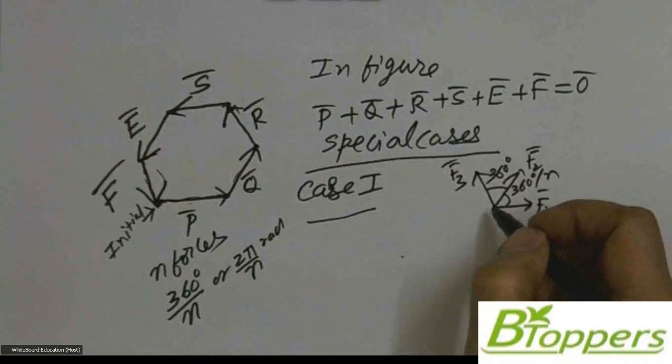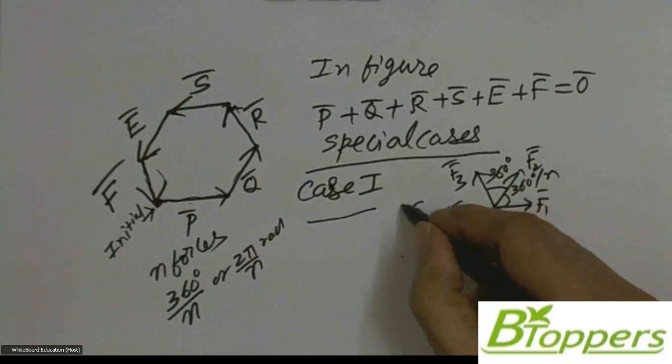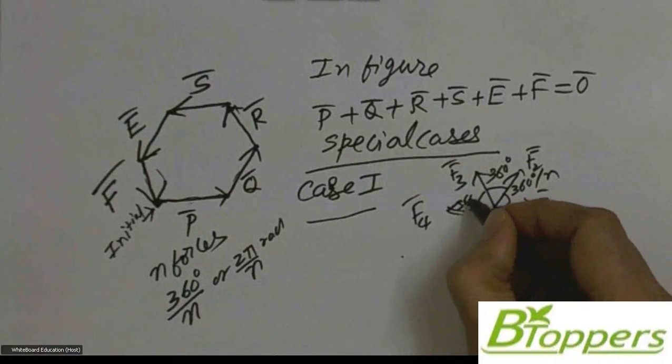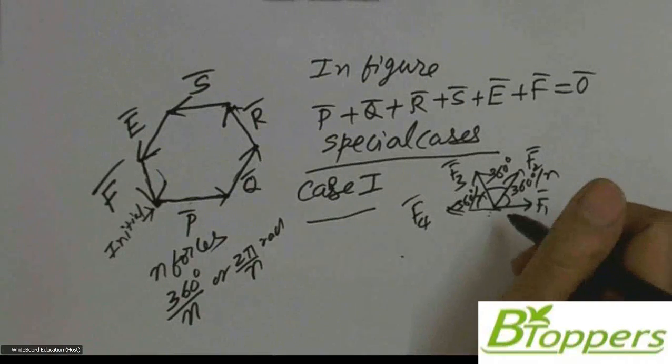And the fourth force makes an angle of 360 degrees by n with the third one, and so on.